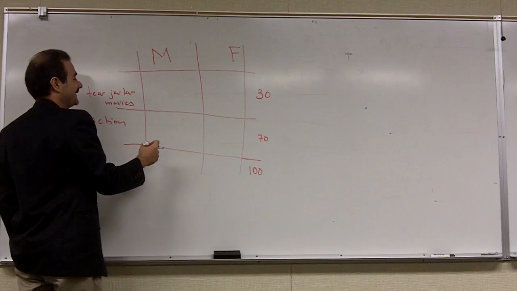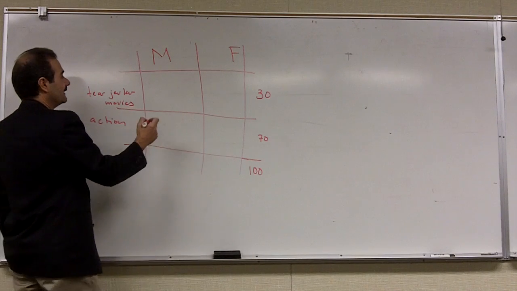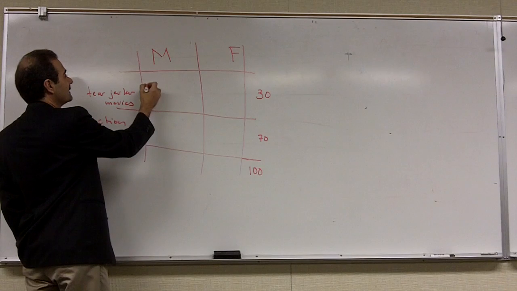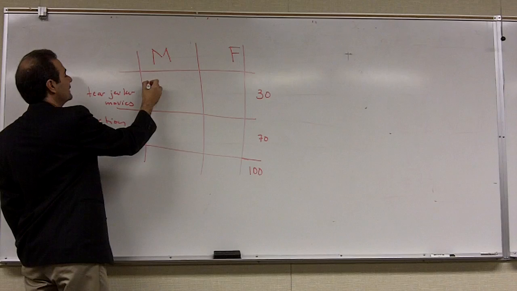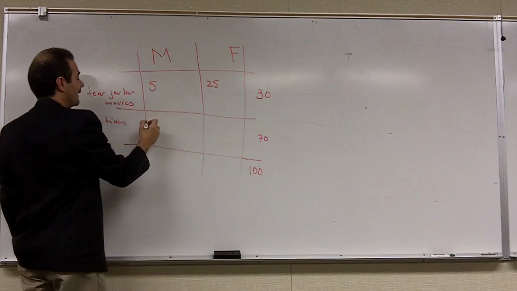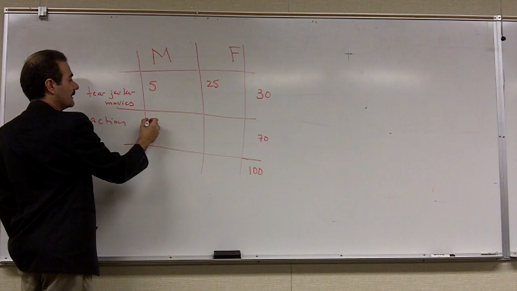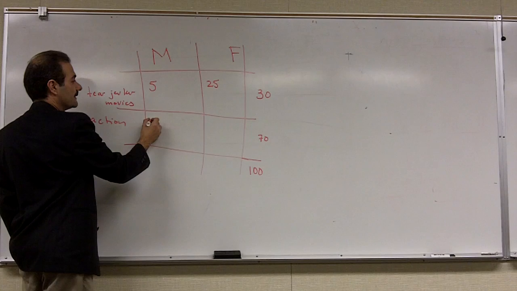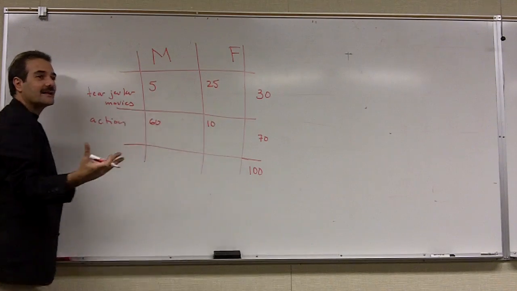And then for the tearjerkers, males and females, maybe 5 and 25, and then action movies would be, let's say, 60 and 10. Let's exaggerate it.